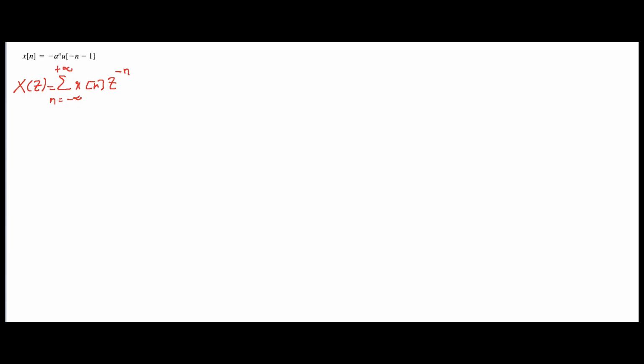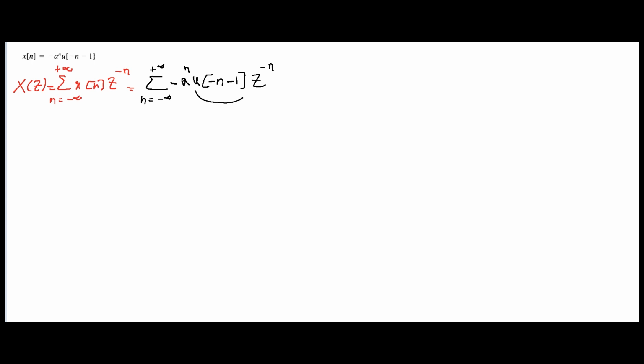Using this definition, let's find the Z transform of the given signal. Substituting the signal into the definition, we obtain the summation from minus infinity to positive infinity of minus a to the power n u[-n-1] multiplied by z to the power minus n.